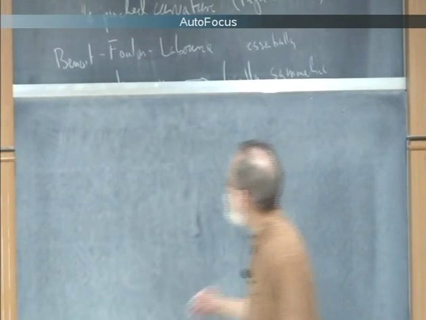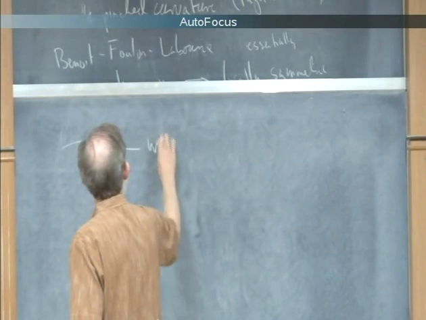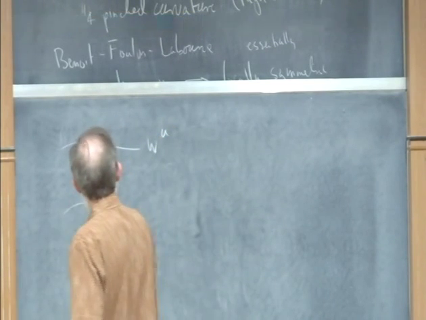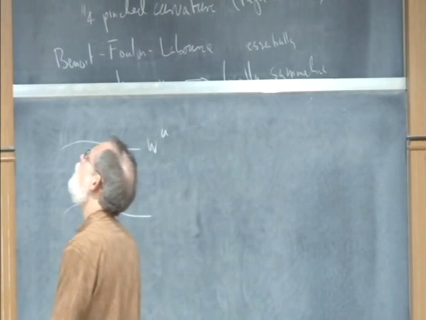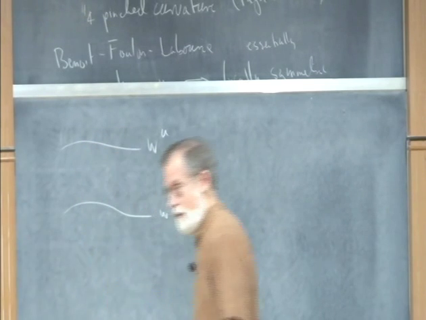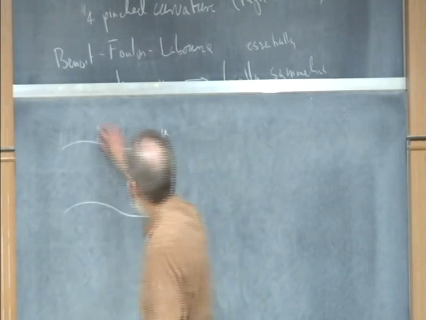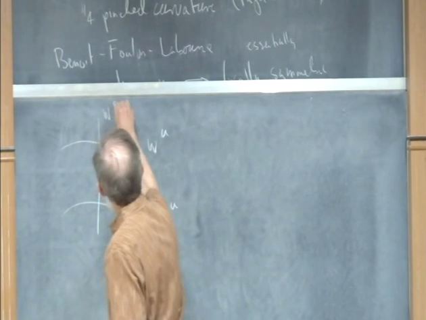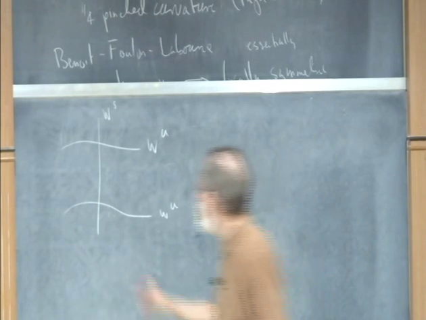In tomorrow's lecture, it's going to be important to look at stable leaves. Yes, so I want 2 unstable leaves. And then I want a stable leaf that crosses them.